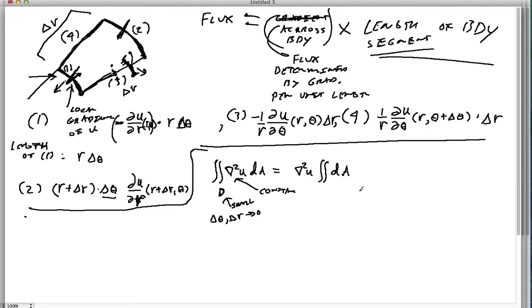It's also a constant that happens to be 0, but bear with me on that. The idea is that as long as u is smoothly varying, if we take a small enough patch, then our Laplacian shouldn't change value very much at all. So we can do that, and then we have to think what's the area of D, because that right here is the area of D. We can approximate it as simply r delta theta, right? Okay, that's nice. Now on the other side we have that flux.